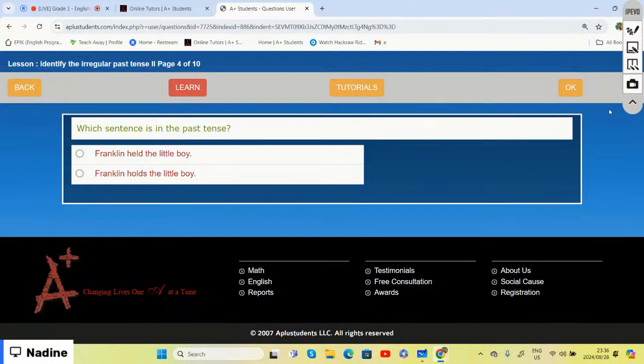So do we say Franklin held the little boy or Franklin holds the little boy?